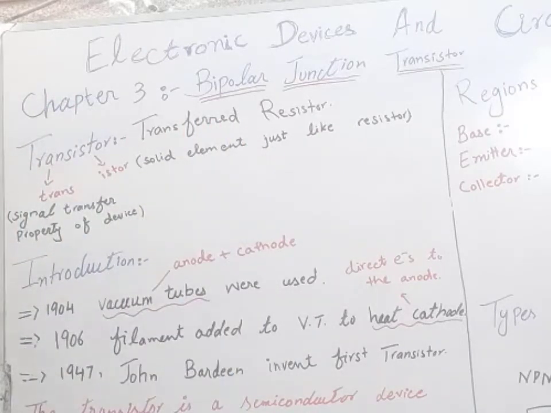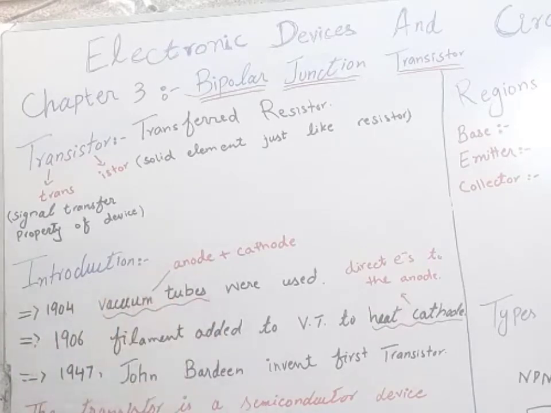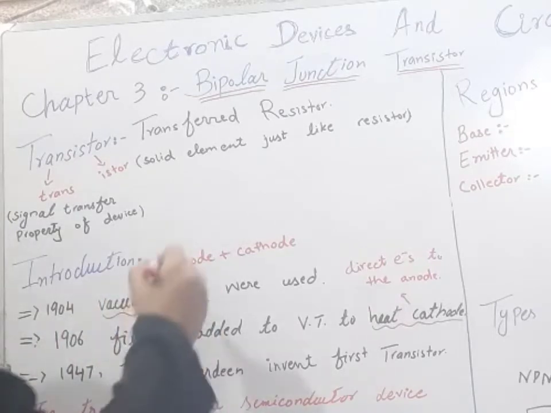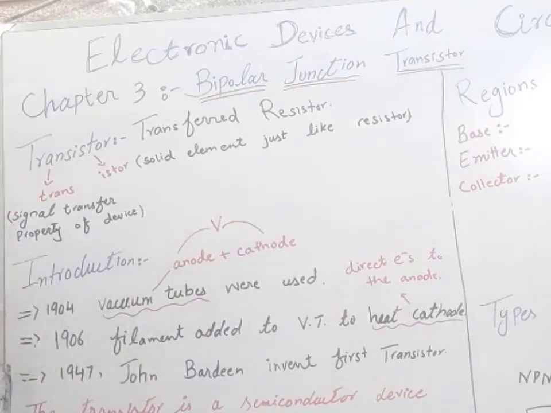Its introduction is how the transistors were invented and what is the history behind the transistor. So we will discuss the history behind the transistor in the introduction. In 1904, vacuum tubes were used, and vacuum tubes were made up of anode plus cathode, and there was a potential difference V between the anode and cathode.